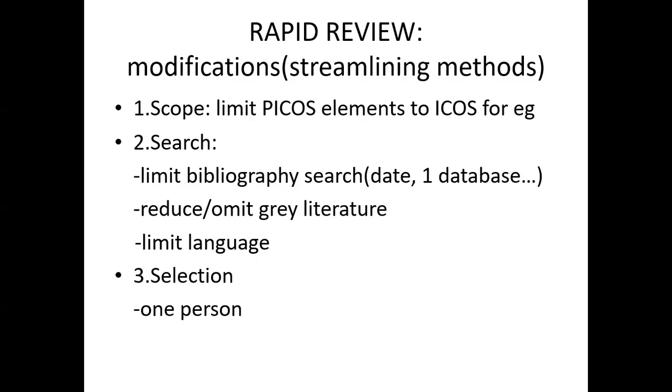So you have to reduce, omit, don't look for the gray literature, those unpublished data, don't waste too much time. You can even limit language. Say, no, I will need just the articles in Spanish. That's all. Not in English, not in Korean.